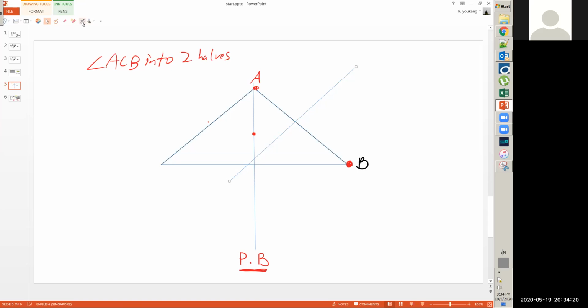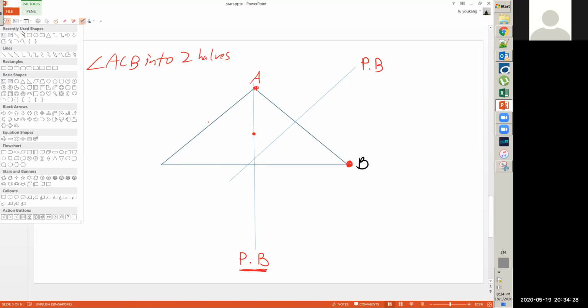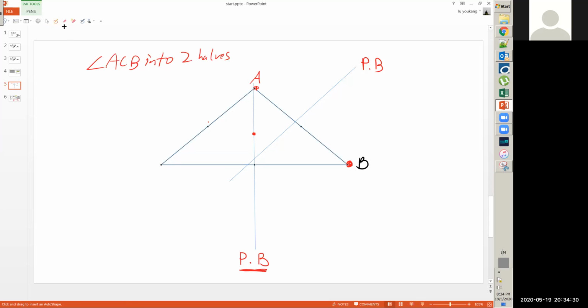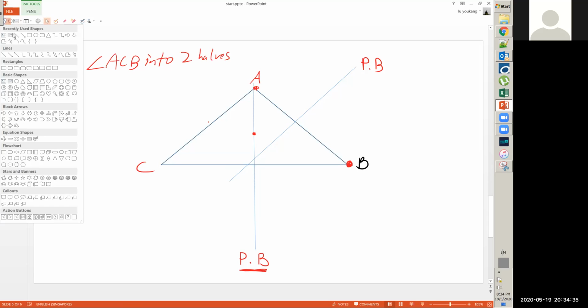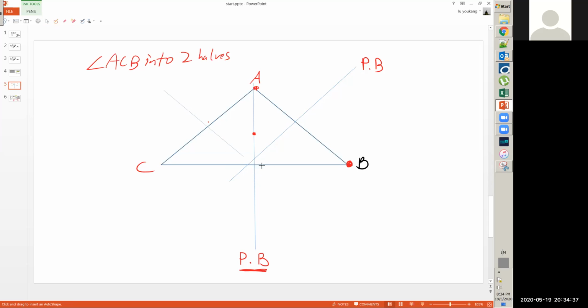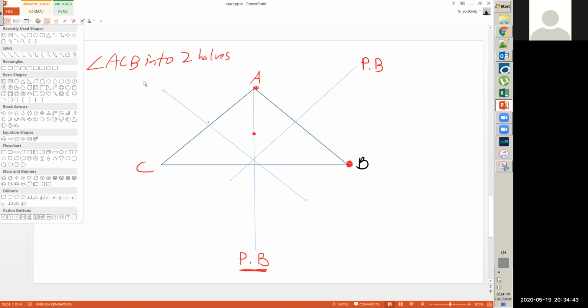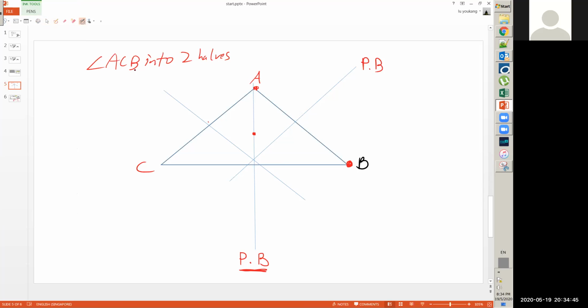Let's say this is the PB of my AB. Let me draw another one for AC. You will get another one somewhere here. So this is your PB for your AC.